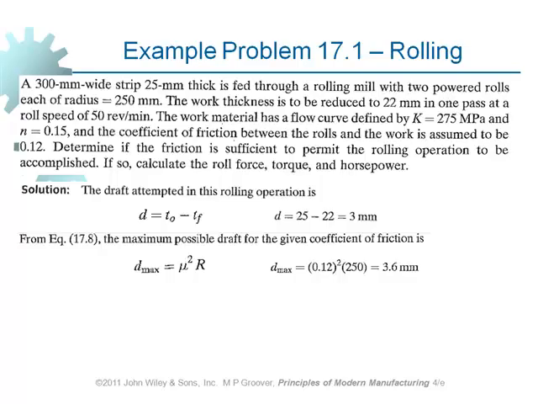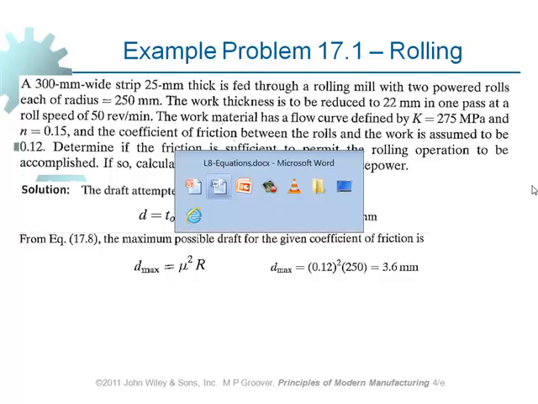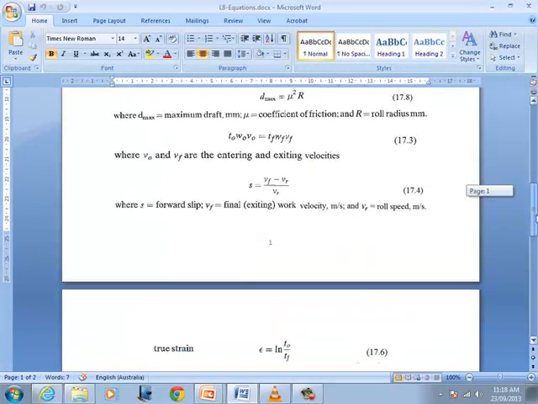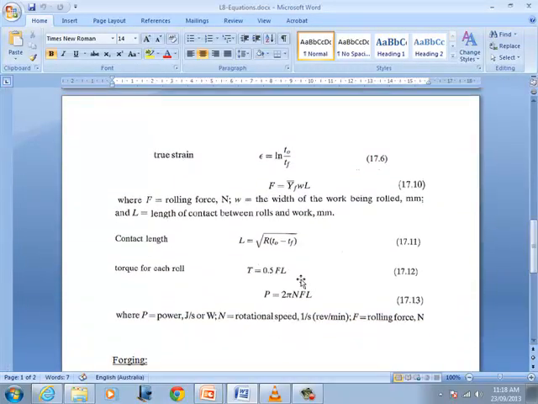Next we've got to compute the force of rolling, torque of rolling, and horsepower, by making use of the equations that we have in the equation sheet. All we need to do is make use of the right equation: the torque equation, the power equation, and the force equation. Do we have all the parameters to make use of these equations?